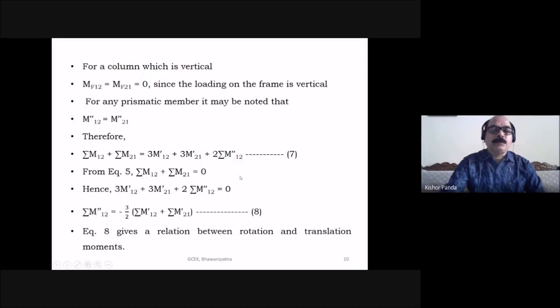How many vertical members are in that story? 4. So you have to take the sum of the translation moments of that story. Equation 8 gives a relation between the rotation and translation moments. This is the translation moment and this is the rotation moment.